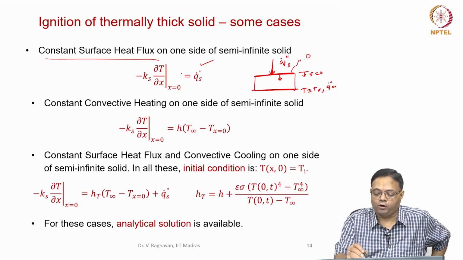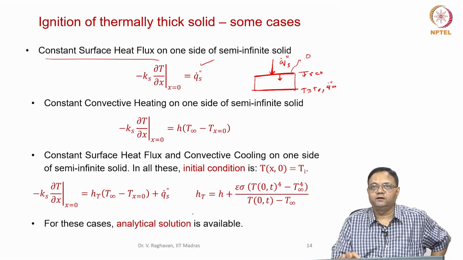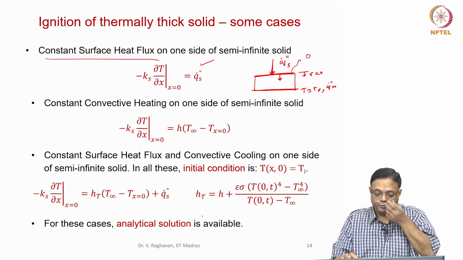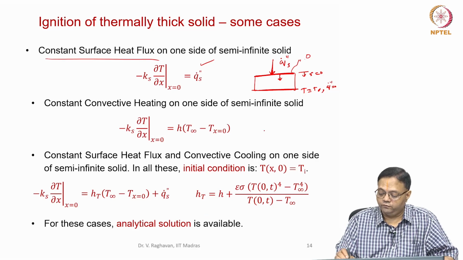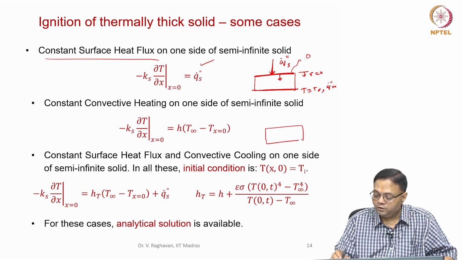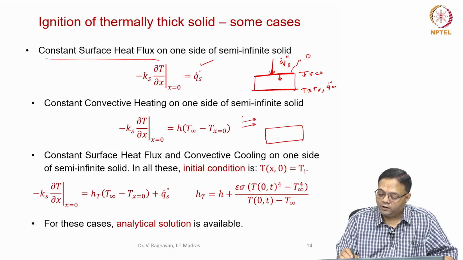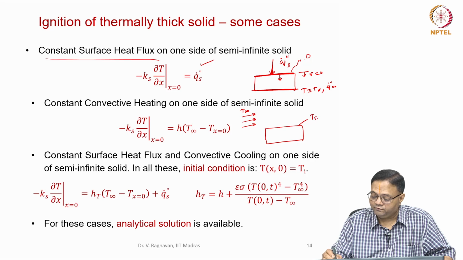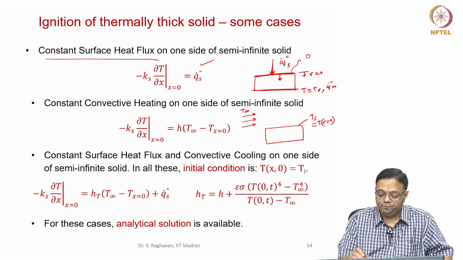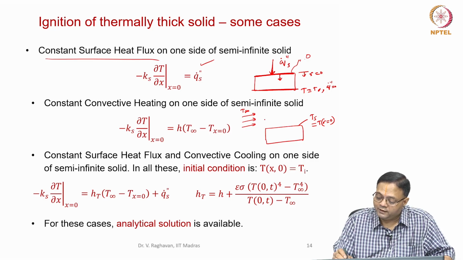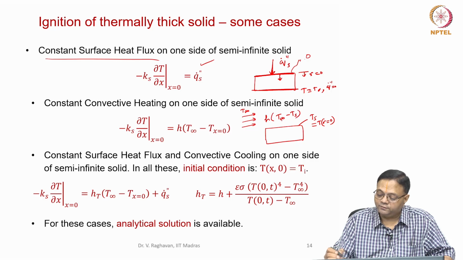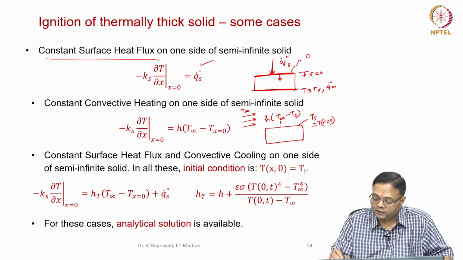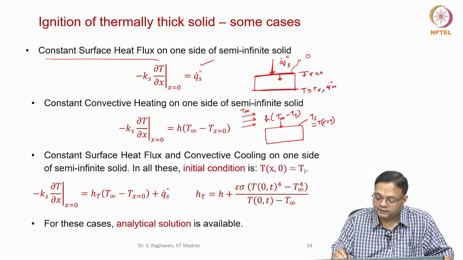So, two boundary conditions, I am talking about the top boundary condition where the heat is coming into the solid, correct. Now, here in this case there is a flow of hot gases, say T infinity, and this is Ts, which is equal to T at x equal to 0, correct. Now, as I told you, here the heat transfer is convective, T infinity minus Ts, and that is coming in and that is conducted inside here.